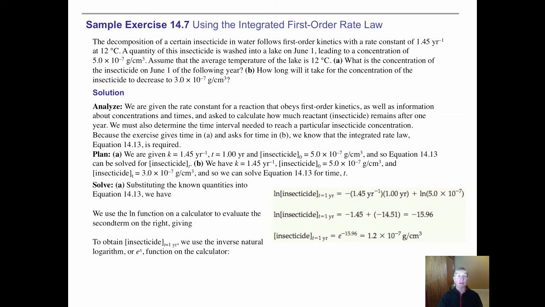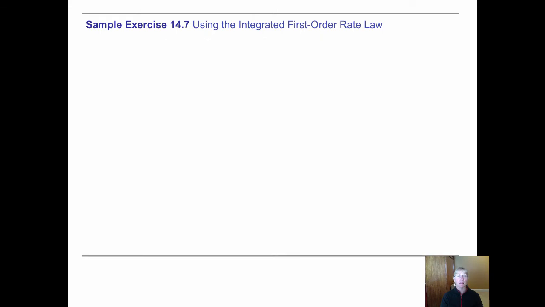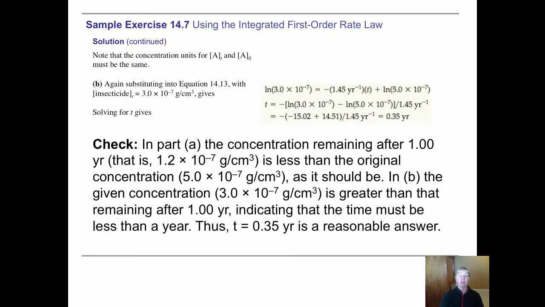Now the second question is asking not for concentration, but for a time. How long would it take for the concentration of the insecticide to decrease to a certain amount? This time what we know is the final concentration. The natural log of what we're going to finally end up with should be equal to the rate constant times this time, an unknown amount of time, plus the natural log of the initial concentration.